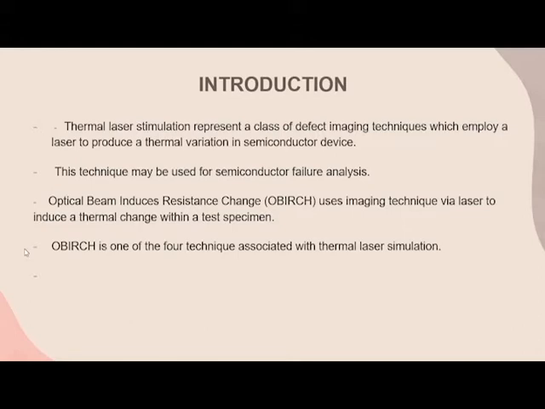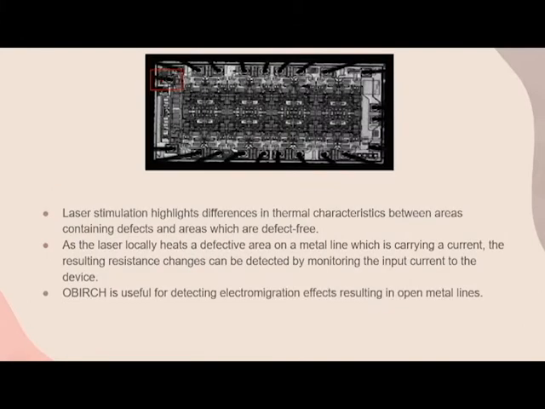Let's take a look at this picture. This picture shows how OBIRCH is used to detect a defect. Laser stimulation highlights differences in thermal characteristics between areas containing defects and areas which are defect free.